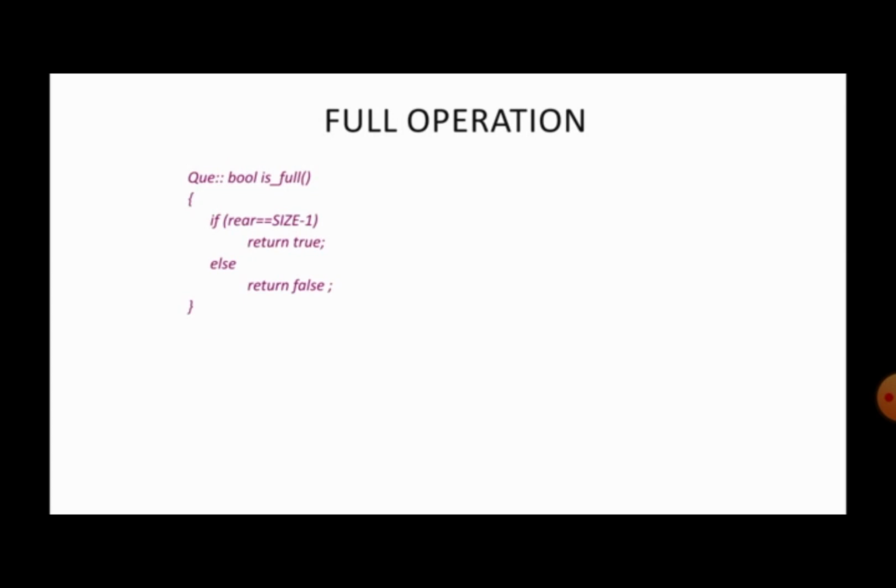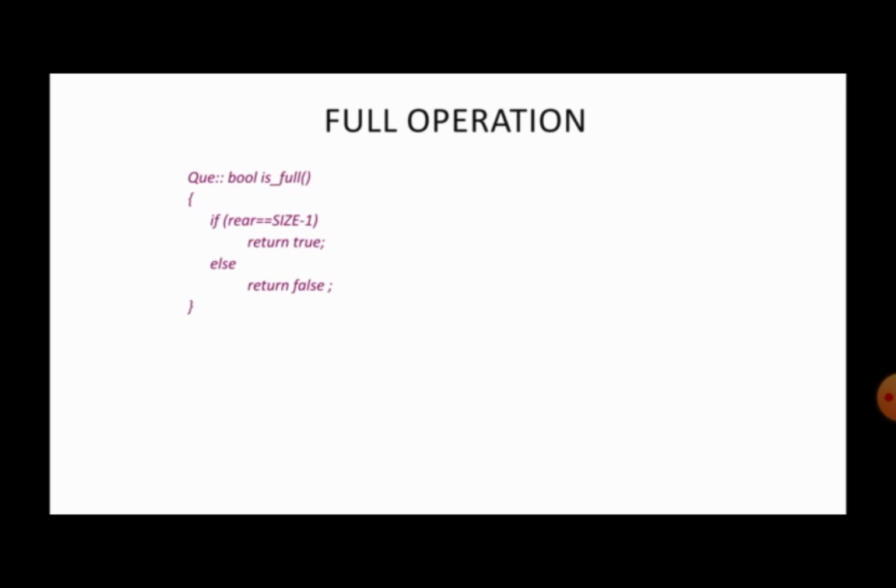Another supporting method is the full method, to check whether the queue is full or not. Definitely, to enter a new value in the queue, we will check whether there is space or not. If there is no space in the queue, then we can't enqueue any new value.